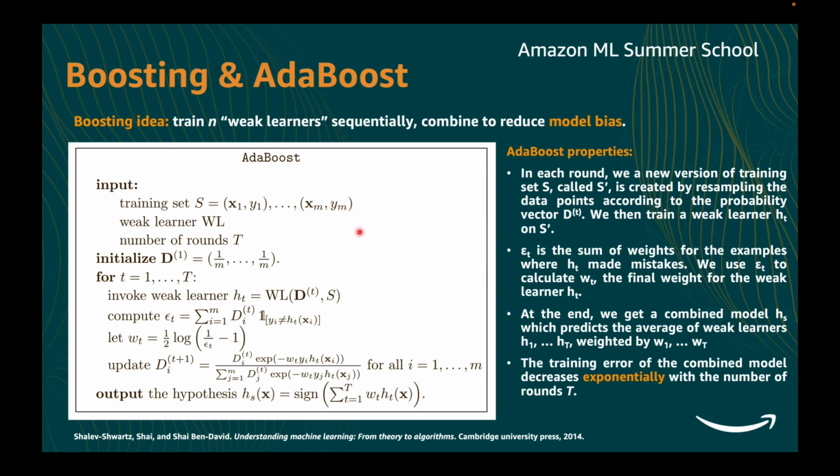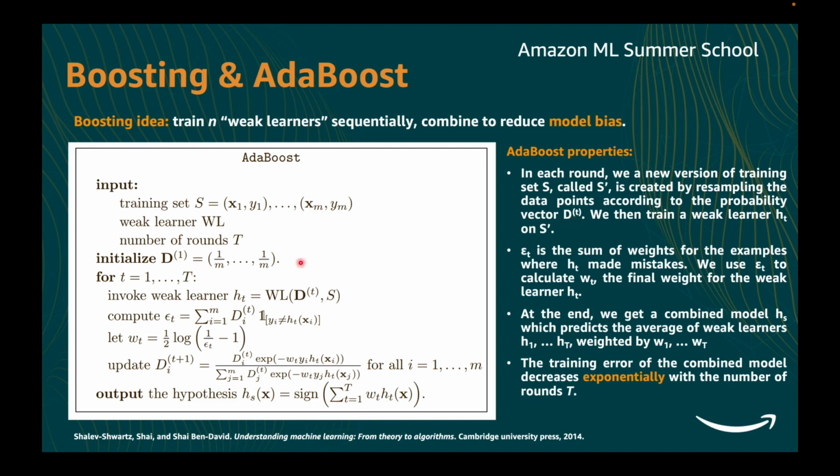So you have a vector where you have an equal probability at the start for each data point, and then in each iteration of AdaBoost, you create a new weak learning model. The procedure to create this model is over here. Basically what you do is you create a new version of the training data by resampling the data points in your original training data based on this probability vector D_t, right?